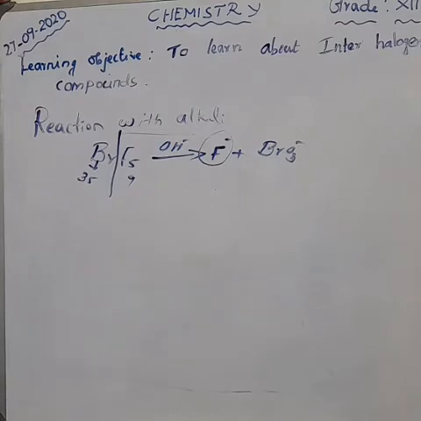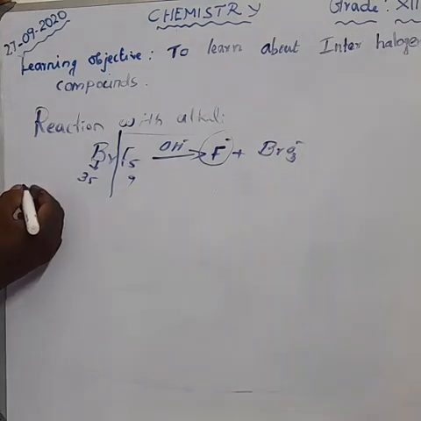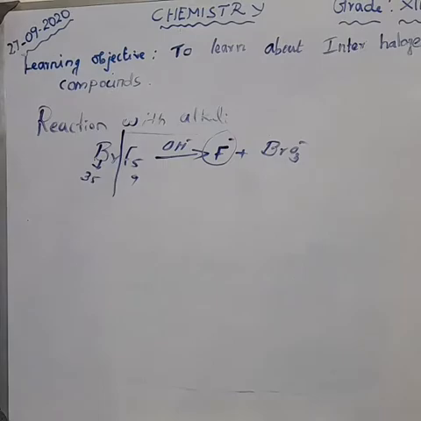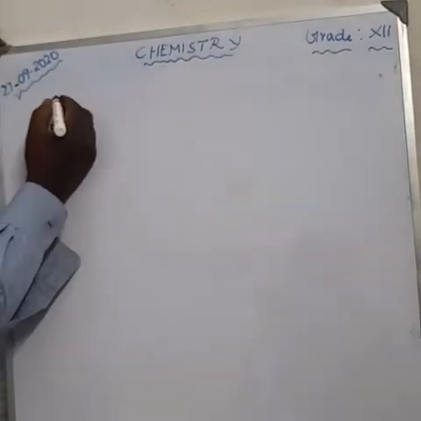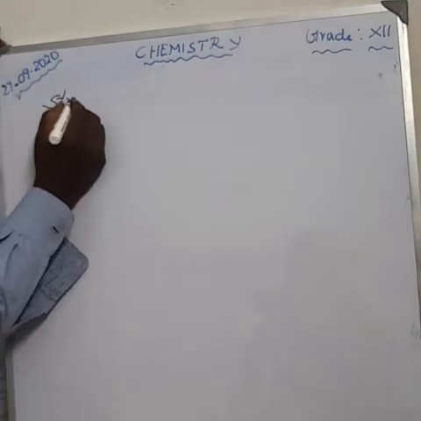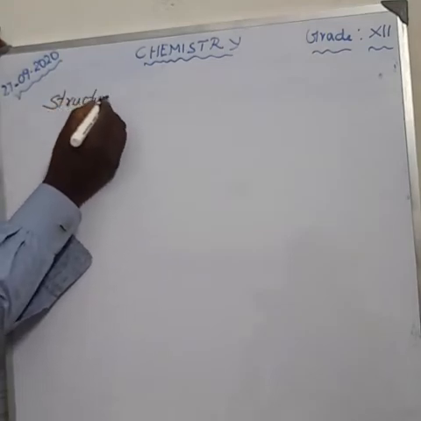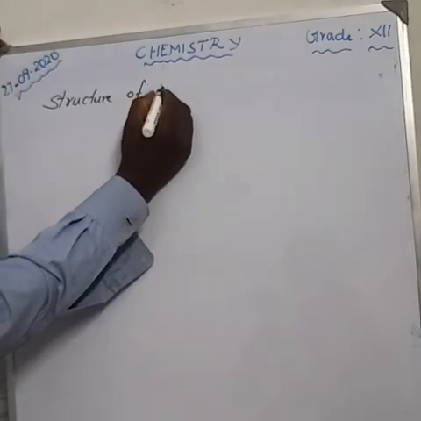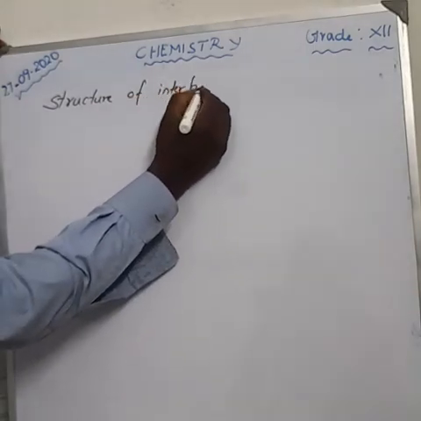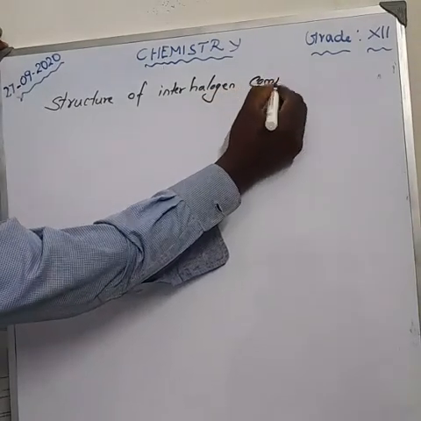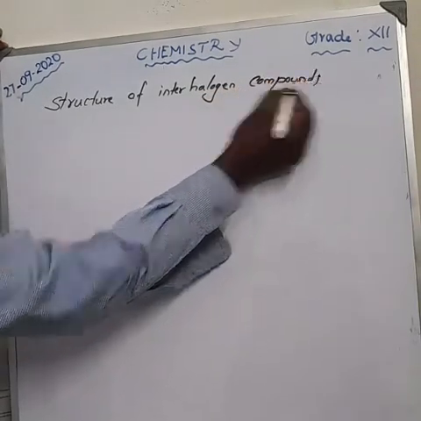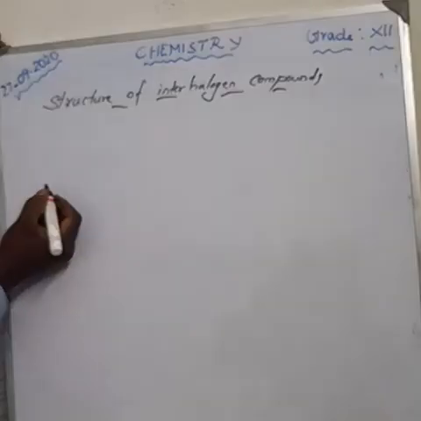Next, what is the structure of interhalogen compounds? This is an important question. Interhalogen compounds have four different types.